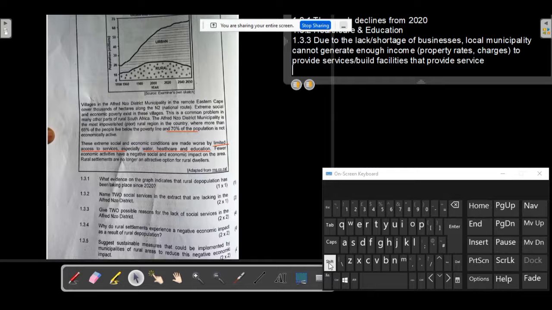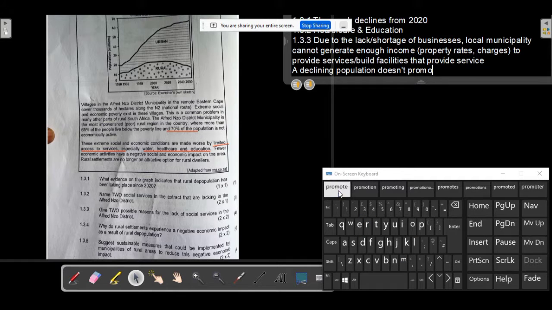So due to this declining, let's just put it this way: a declining population doesn't promote or encourage. I like the word encourage. Because they say they are limited.